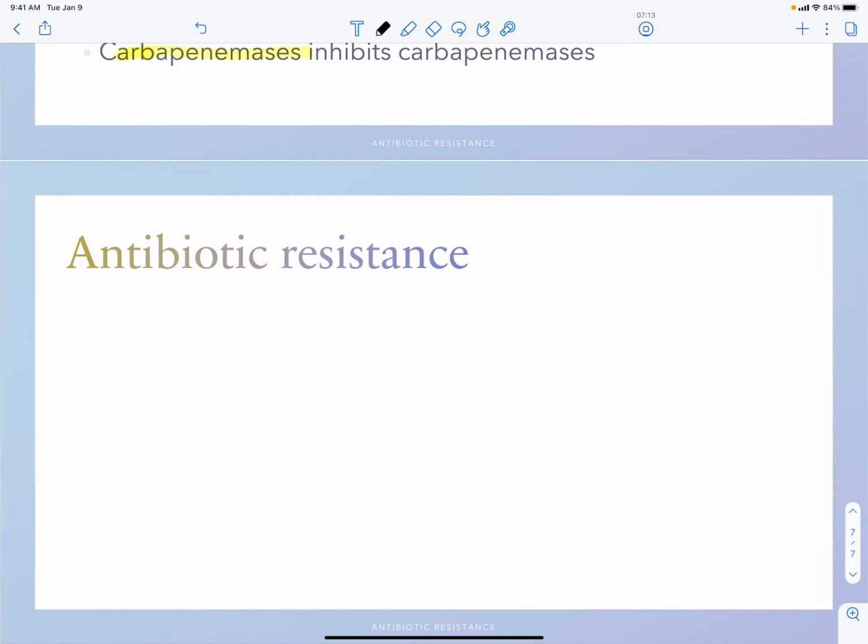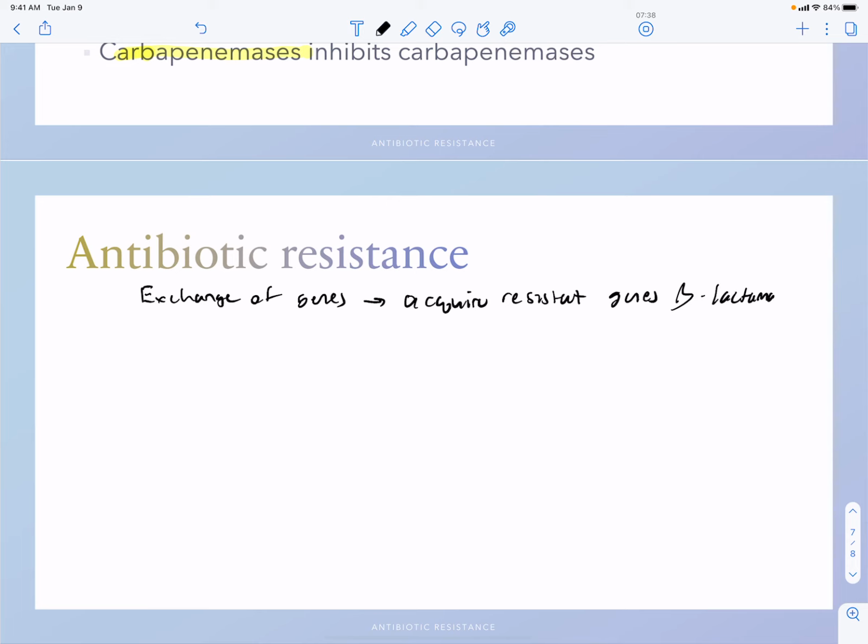So antibiotic resistance. There are, of course, going to be the exchange of genes. And so this can lead to acquiring resistant genes, such as the beta-lactamase. And then there are going to be gram-negatives.